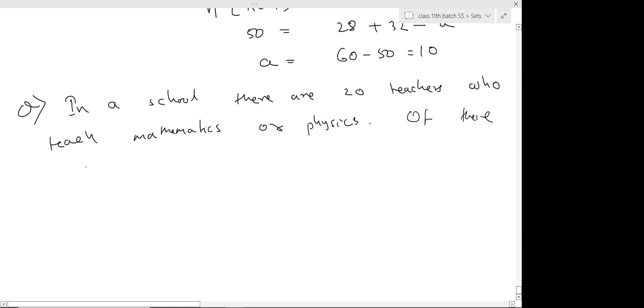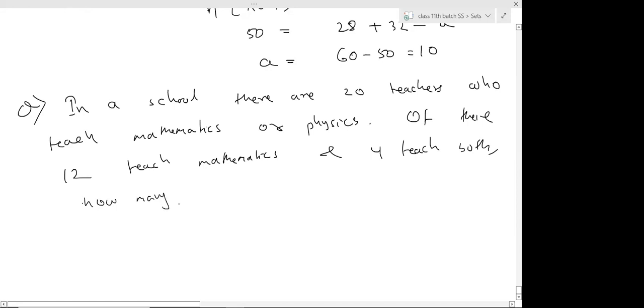Of these, 12 teach mathematics and 4 teach both. How many teach physics? Let's solve this one.